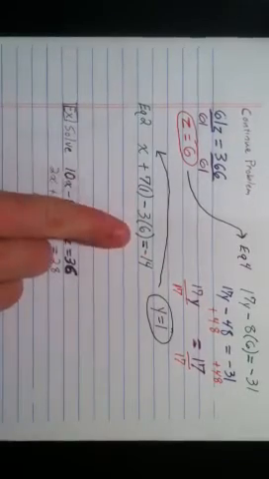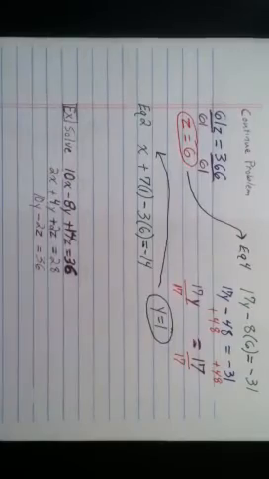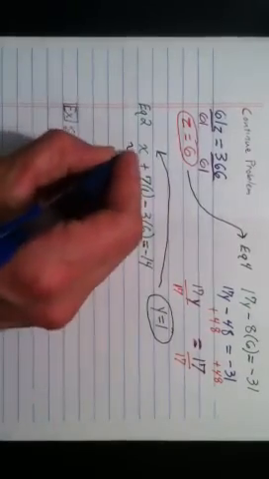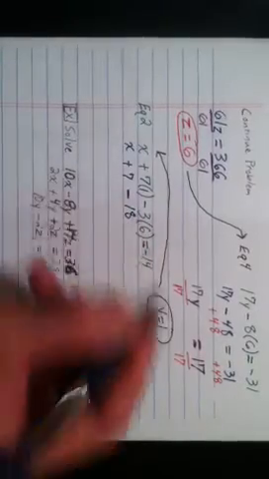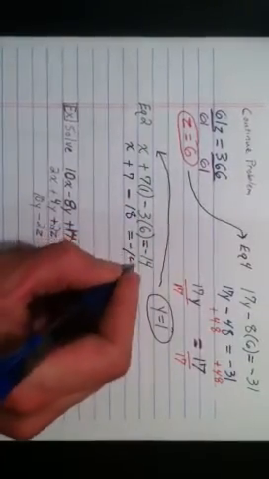So now we have to multiply here and here, see what we get. We end up having x plus 7 times 1 is 7, minus 3 times 6 is 18, equals negative 14.